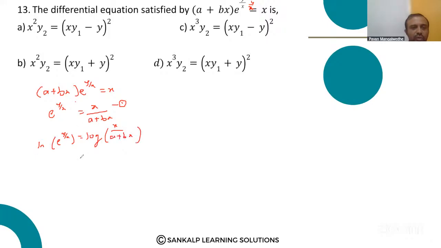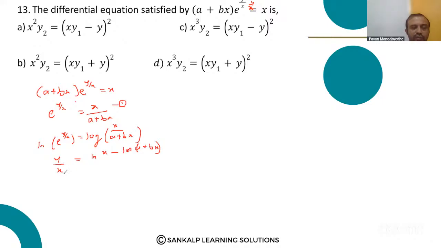Log of a by b is log of a minus log of b. So that is log of x minus log of a plus bx. Okay, so this is y by x, equation 2.